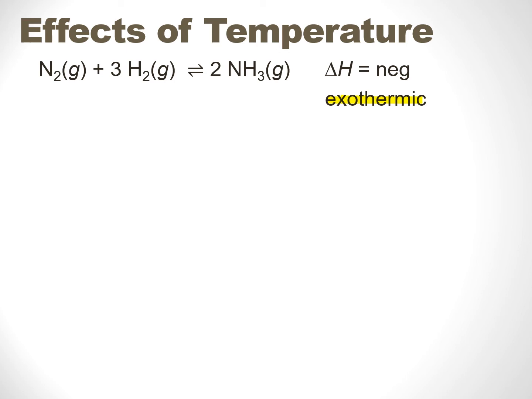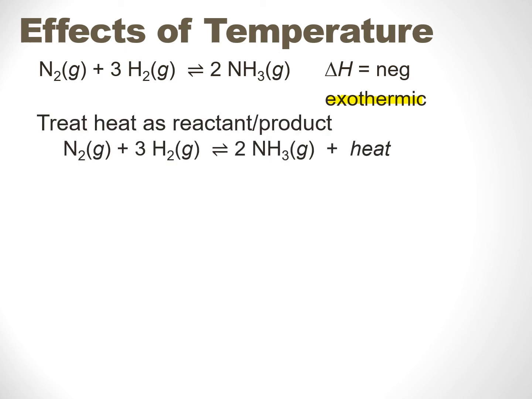As you have seen in the thermochemistry unit, we can write the heat exchange as either a product or a reactant, depending on whether the reaction is exothermic or endothermic. Because in an exothermic reaction the heat is given off, we can write it as a product. So we could write something like that. We already know what's going to happen if we increase the amount of ammonia.